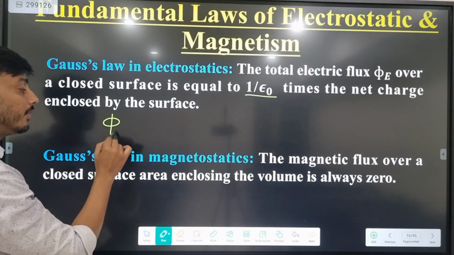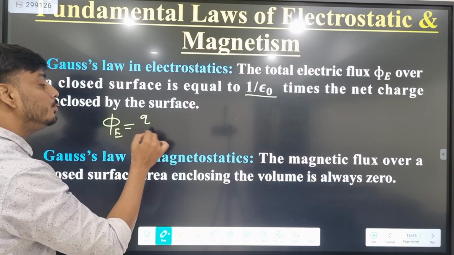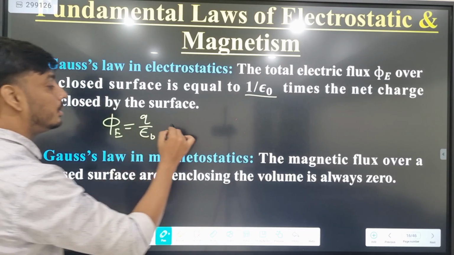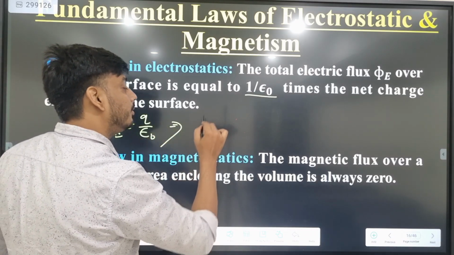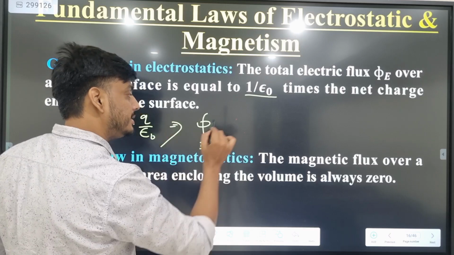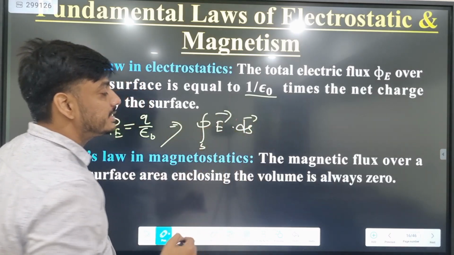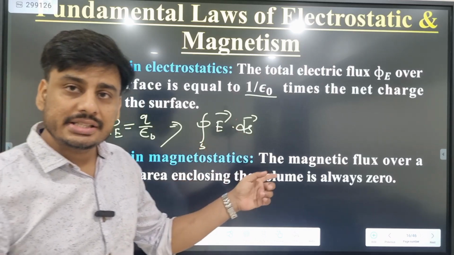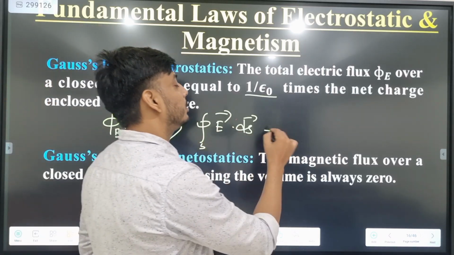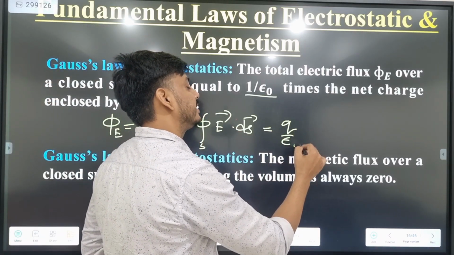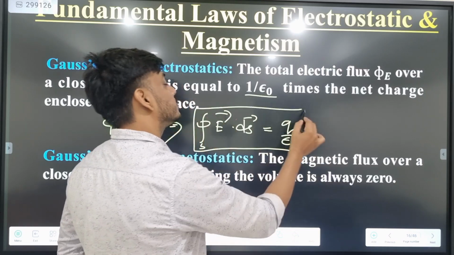So net electric flux equals Q by epsilon naught, or you can directly write the closed surface integral over S of E dot ds, because electric field intensity is E and ds is the small area vector, which is equal to Q by epsilon naught. This is Gauss law in electrostatics.